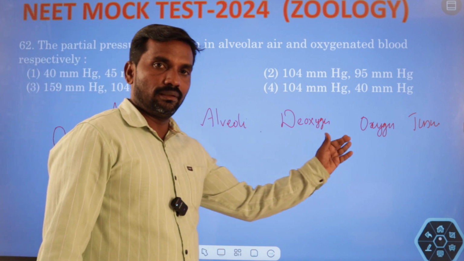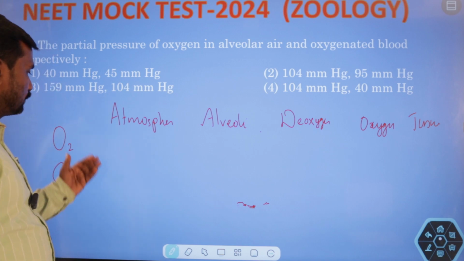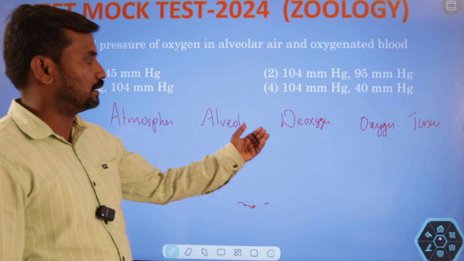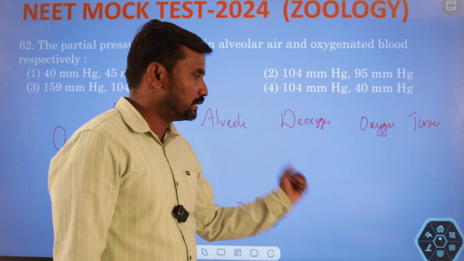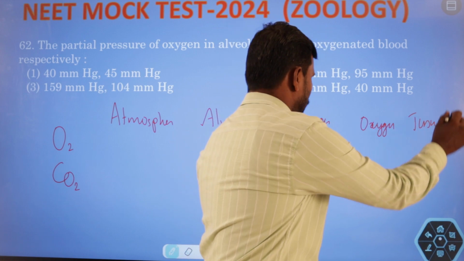This is the most important thing. The sequence must be remembered correctly: atmospheric oxygen partial pressure, carbon dioxide partial pressure; alveoli oxygen partial pressure, carbon dioxide partial pressure; deoxygenated blood, the impure blood; oxygenated blood; then tissue.